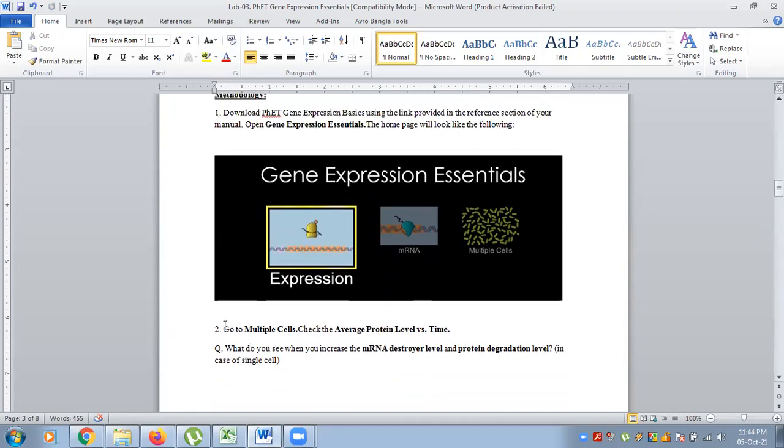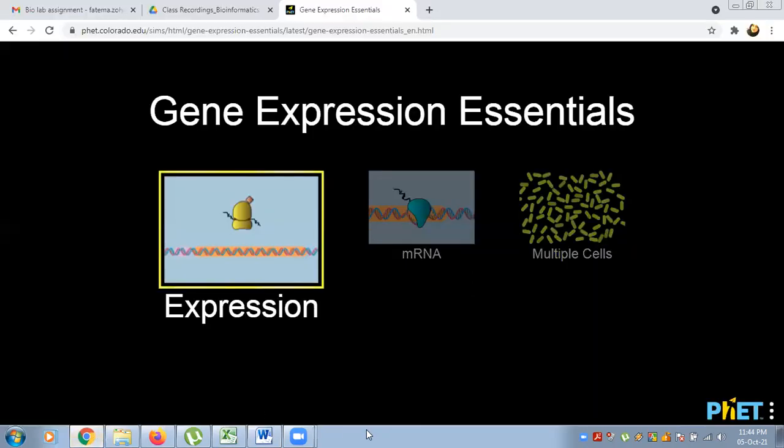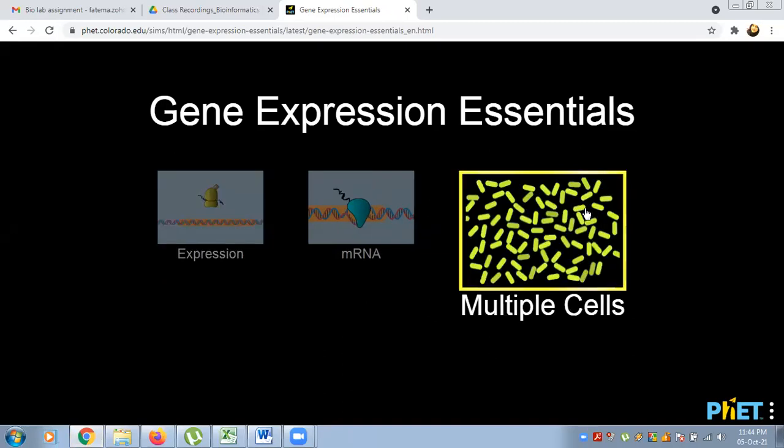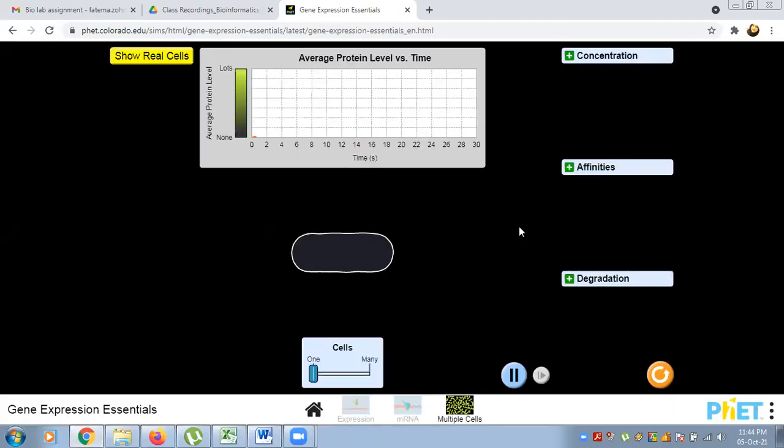So number 2 is go to multiple cells. So this is the homepage image that you can see, and now we will go to multiple cells and check the average protein level versus time. Okay, going to multiple cells, check the average protein level.